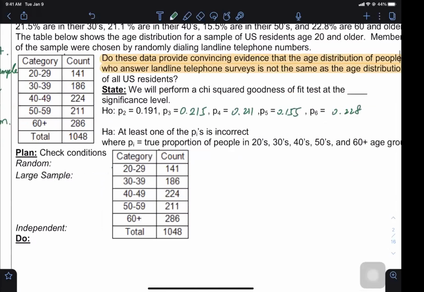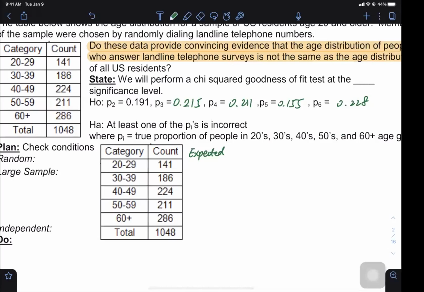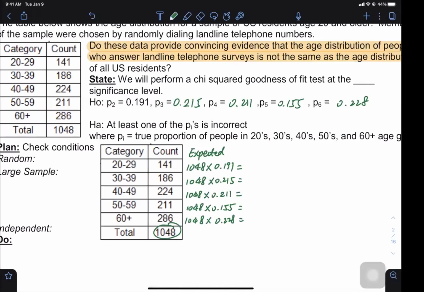This is the observed, and the expected is going to be the total, 1048, times the expected distribution. So those are the expected counts for our 5 categories.